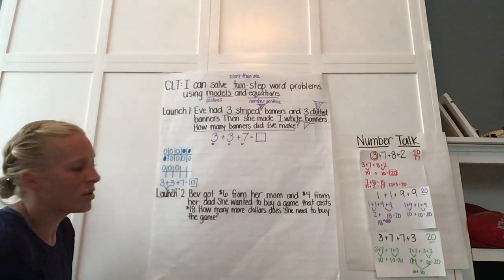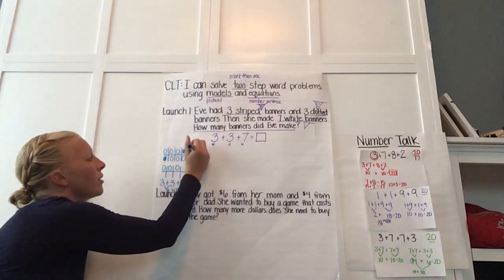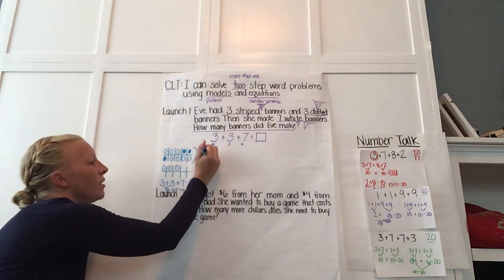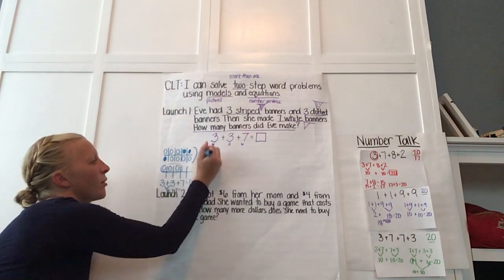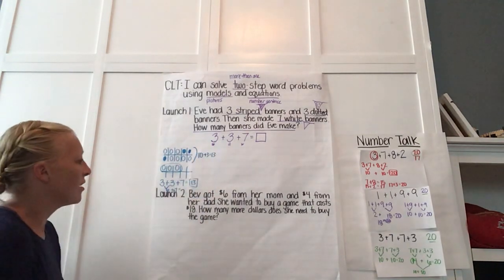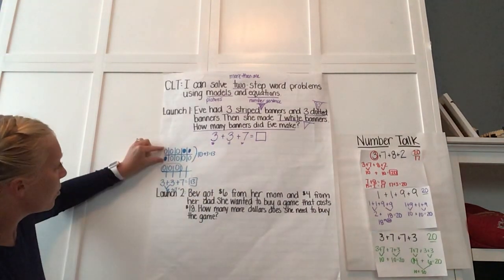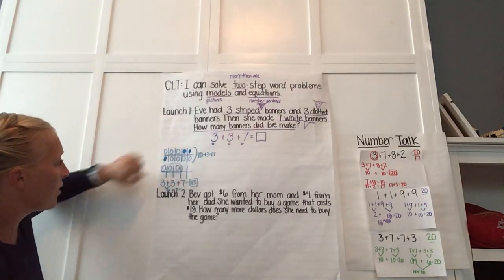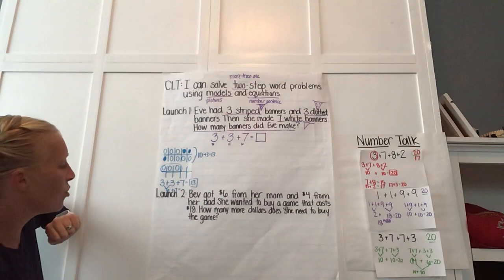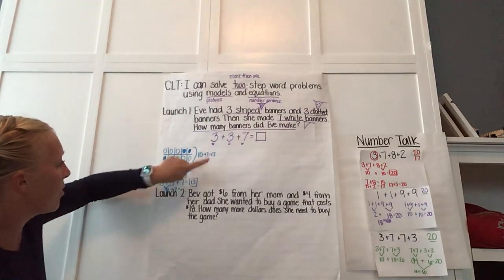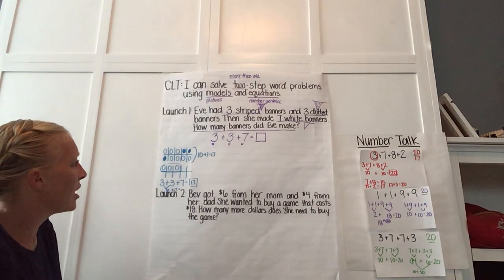And how did you know it was 13? 10 and 3 equaled 13. Okay, so you saw this, and then you saw your 7 more, and you got 13, but you knew it was 13 because you said 10 and 3 equaled 13.